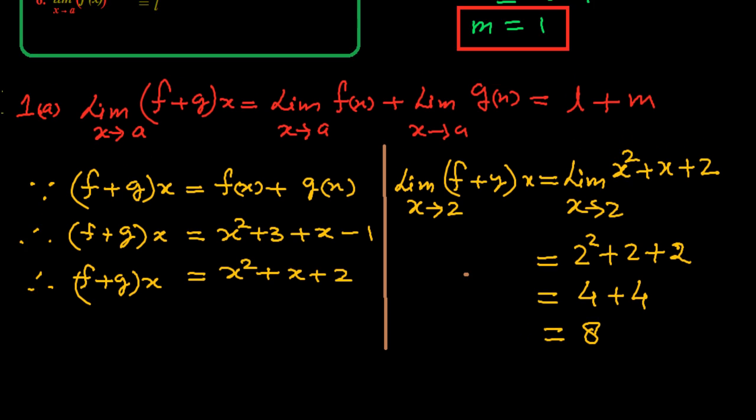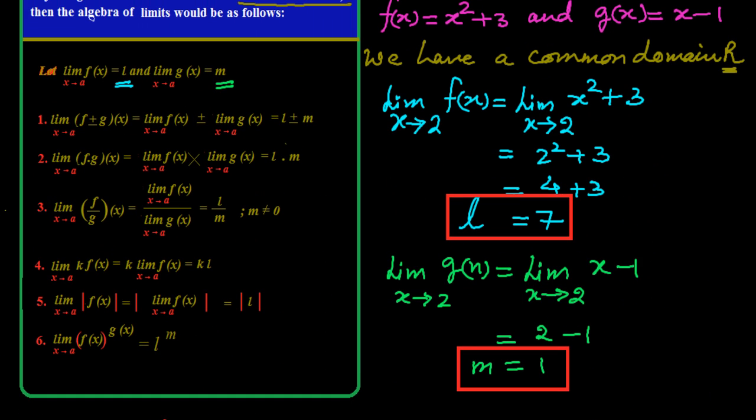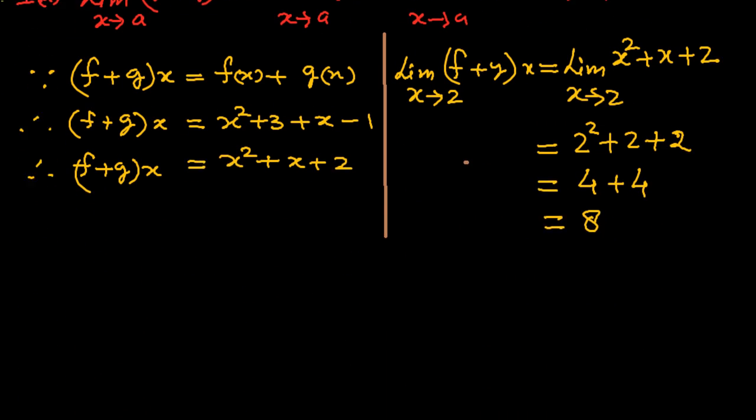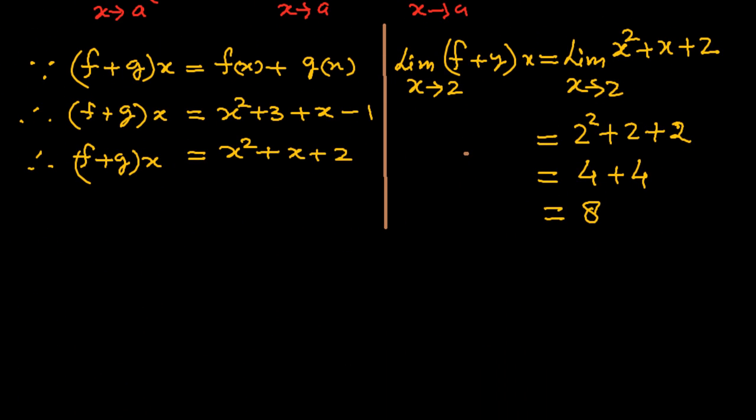Because we have taken the functions x square plus 3 and x minus 1, we are getting x square plus x plus 2. So it is 2 square plus 2 plus 2, which is 4 plus 4, which is 8. So this is our limit for this function.